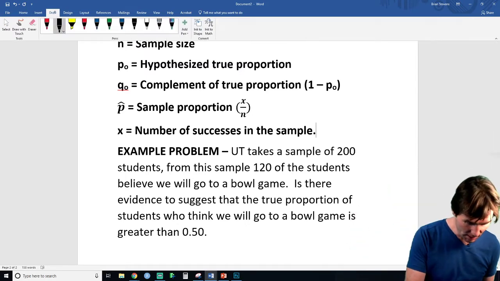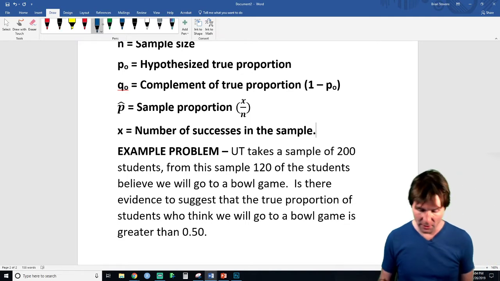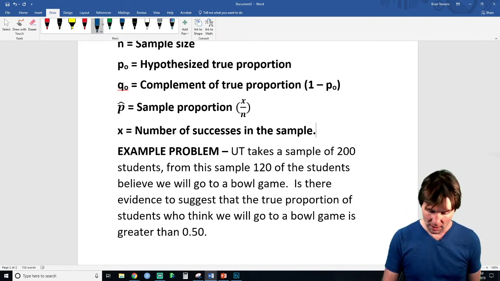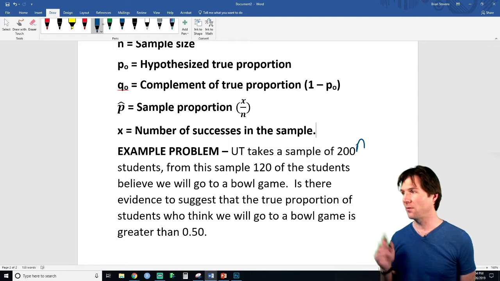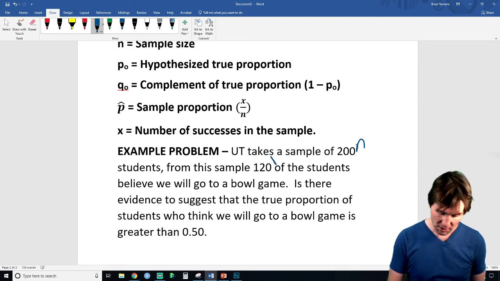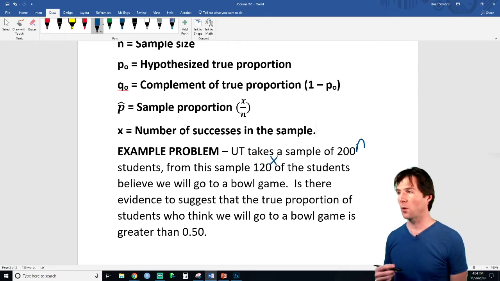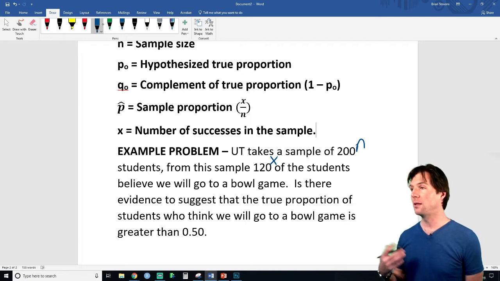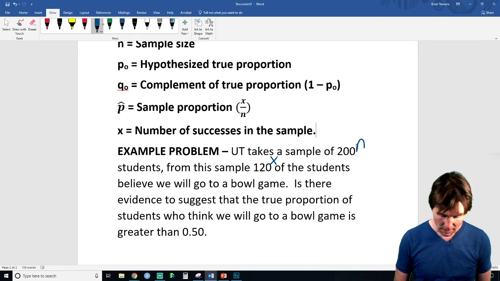I would take out my pen, choose a nice blue pen, and say, okay, the sample size is 200. That is n. I've identified n. This is how many successes there were, how many people reported the thing we want. There were 120 students who said yes, we will go to a bowl game. This right here is p naught, 0.50, and that makes q naught equal to 0.50.